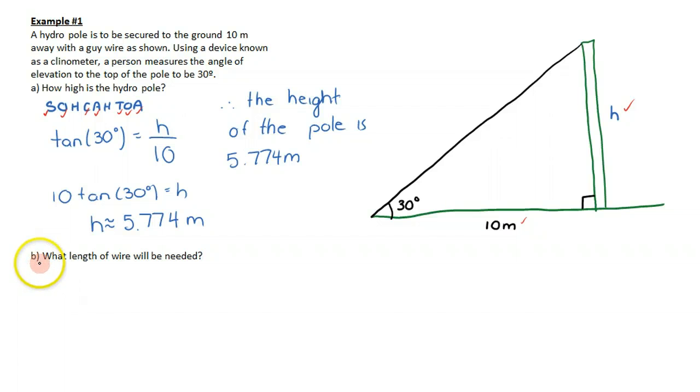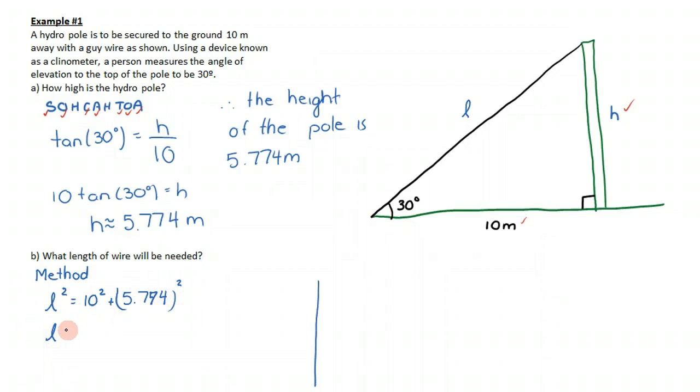Now this next question, it says, what length of wire will be needed? And I'm going to do this two ways. So let's use method 1, I'm simply going to use Pythagorean theorem. So now I want to solve for this length, so let's call that L. Put a label in my diagram so I know. So L squared is equal to 10 squared plus 5.774 squared.